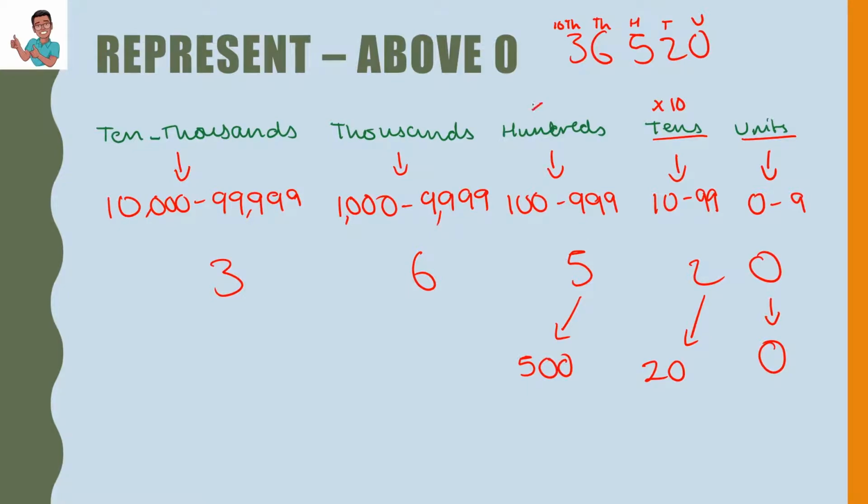So when we're in the hundreds column, we multiply by 100. The 6 has a value of 6,000 since it's in the thousands column, and when we're in the thousands column, we multiply by 1000. And finally, the 3 has a value of 30,000 since we're in the 10,000s column, so we multiply by 10,000.